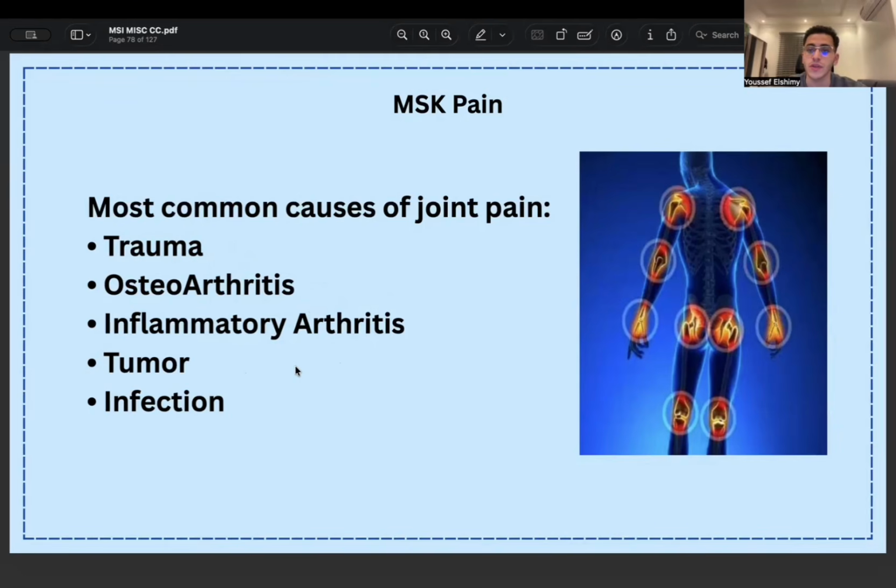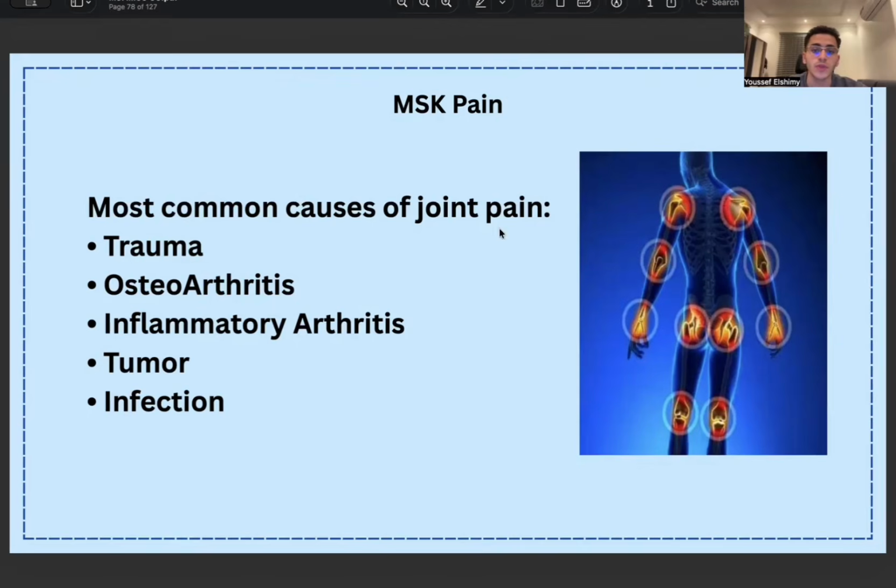Tumor has signs like weight loss, loss of appetite, and night sweats. Infection can show all signs of inflammation: swelling, hotness, redness, loss of function, and pain. So, based on history and physical examination, we can reach our most probable underlying cause of the joint pain.